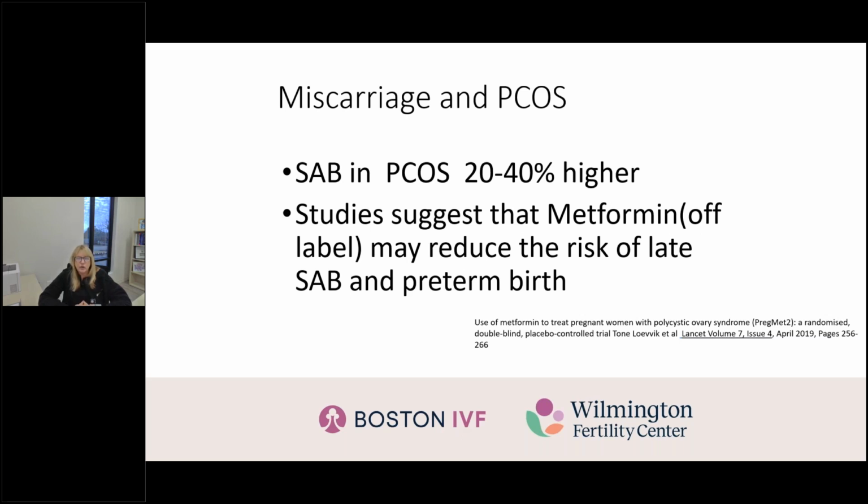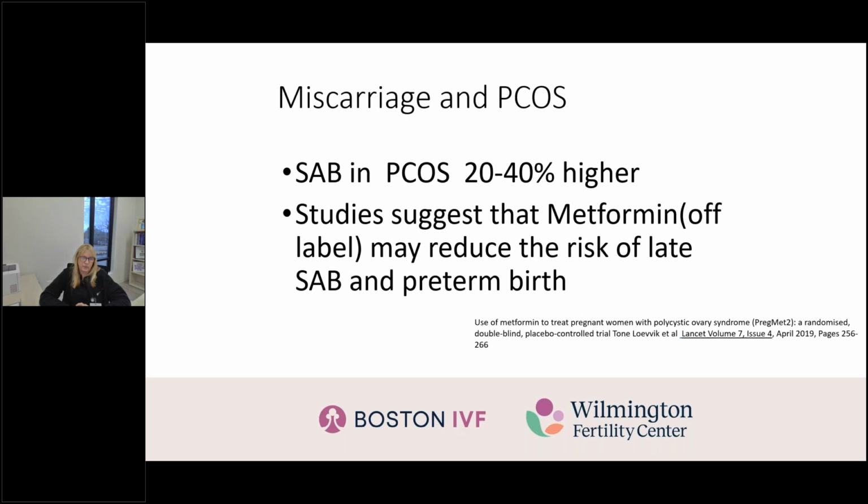The studies on the use of metformin to reduce late spontaneous abortion and preterm birth were from one author here who's done 3 different studies. The first 2 were combined, and we saw significant decreases in late miscarriages, I think considered 13 weeks to 20 weeks, and preterm birth. So they did a follow-up study, which was a randomized controlled study, and it didn't reach statistical significance.